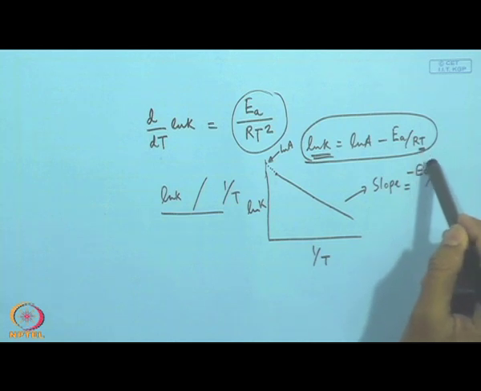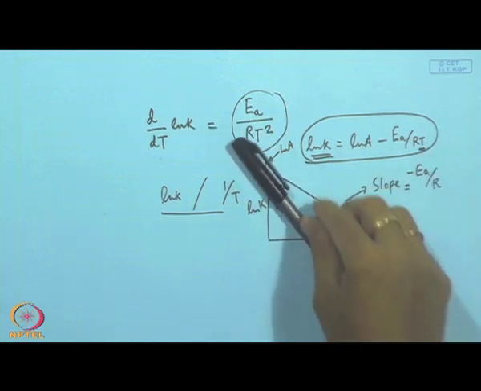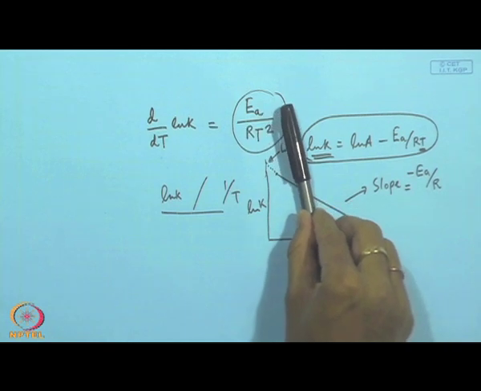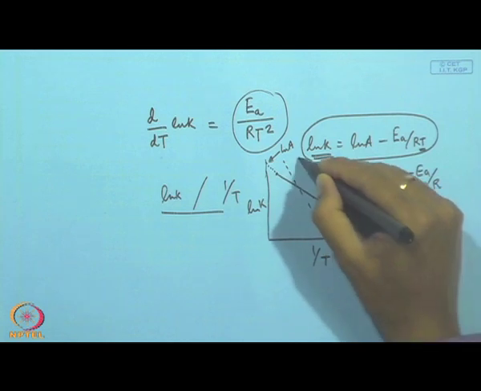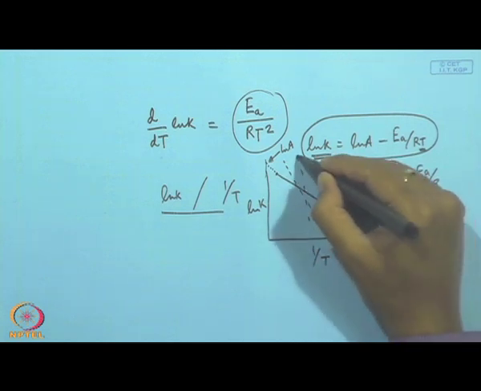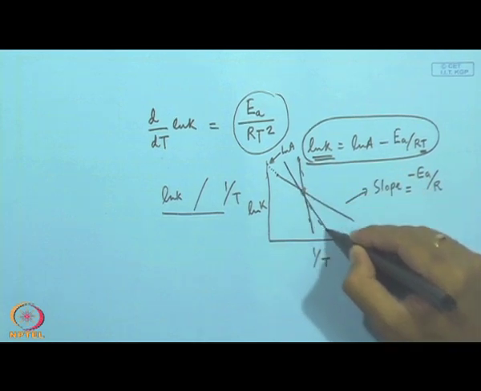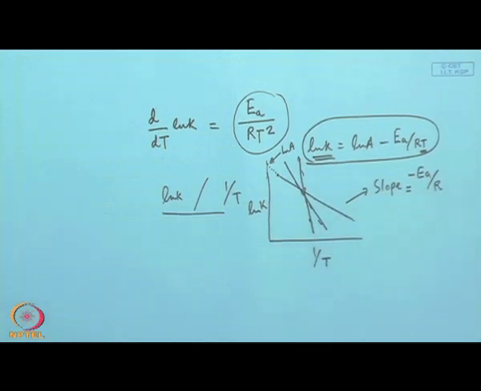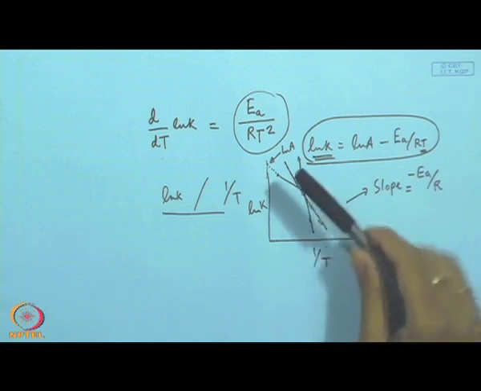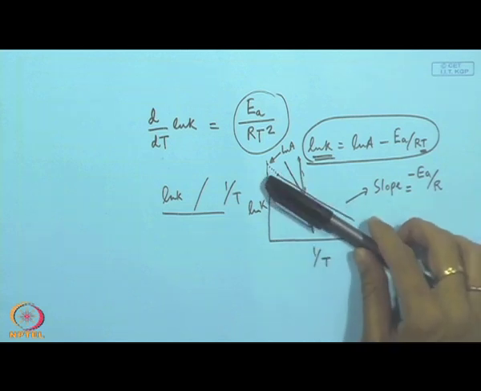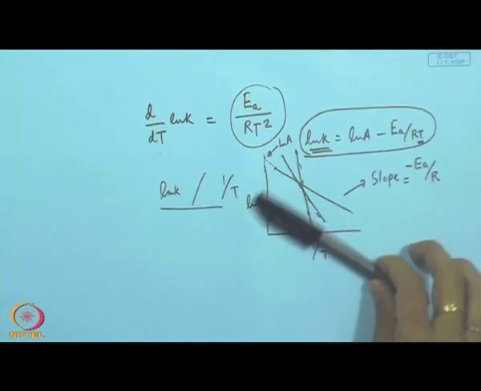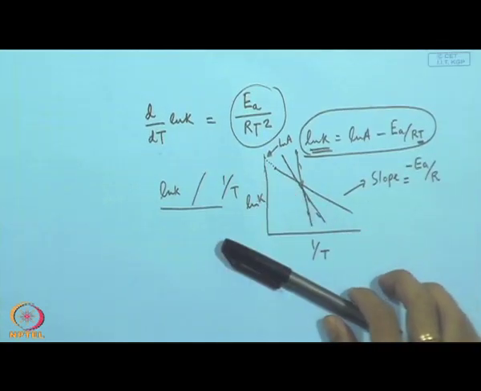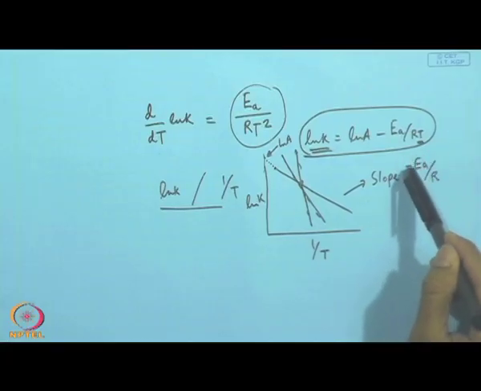So, when the activation energy is high, your slope will be steeper, like this, maybe this. So, a steeper slope when Ea is more. That means whether there will be a significant effect of temperature on the rate constant will be decided by the magnitude of the activation energy.